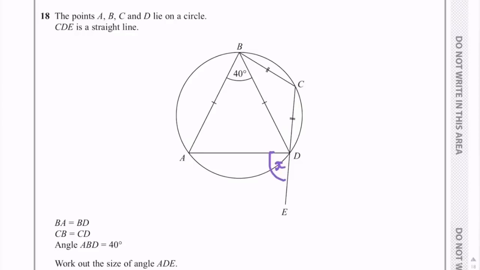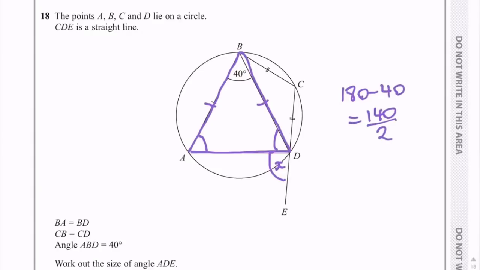Now the first thing that stands out to me is this triangle ABD. The fact that A to B is the same as B to D means this is an isosceles. So first things first, I'm going to work out these base angles. Base angles in an isosceles are equal. So if we do 180, take away 40, that leaves us with 140 degrees.